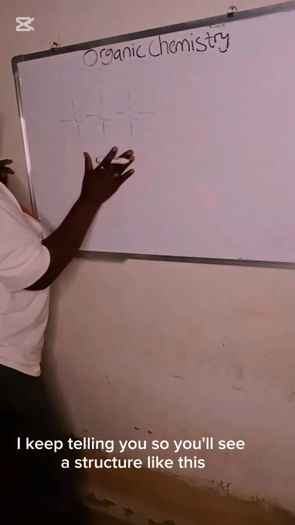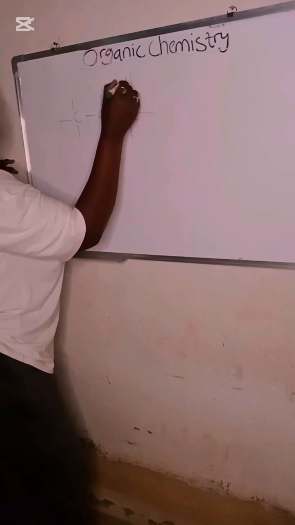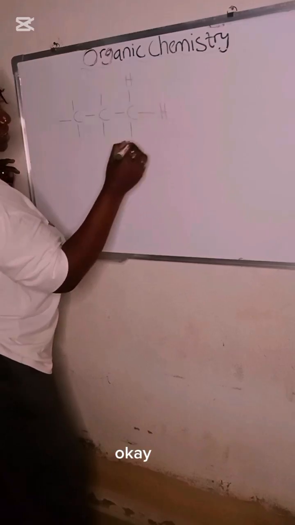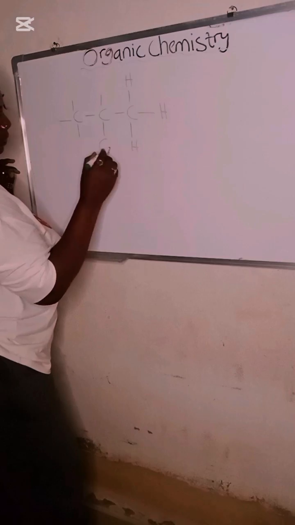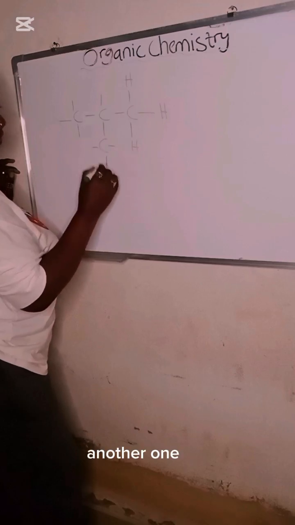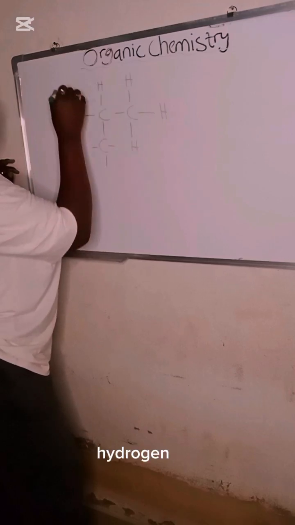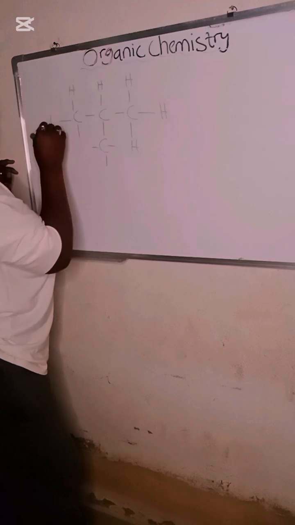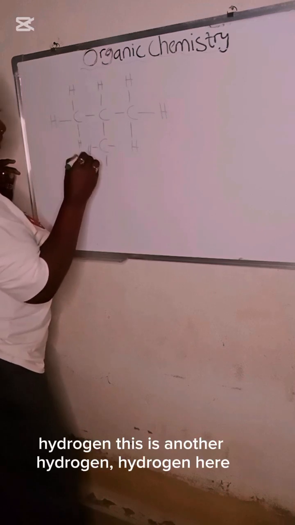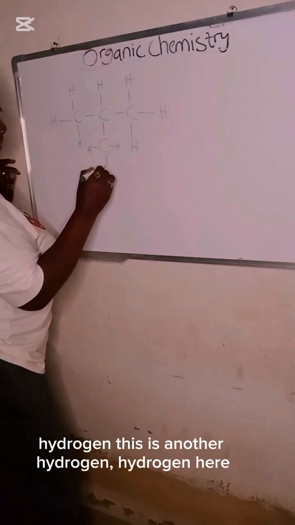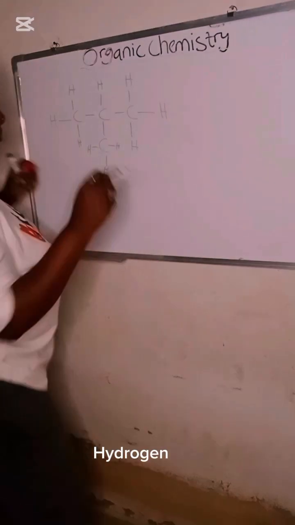So if you see a structure like this, okay, this is another one, hydrogen, hydrogen, hydrogen, hydrogen. This is another hydrogen here, hydrogen here, hydrogen.